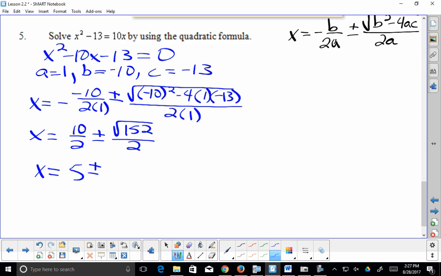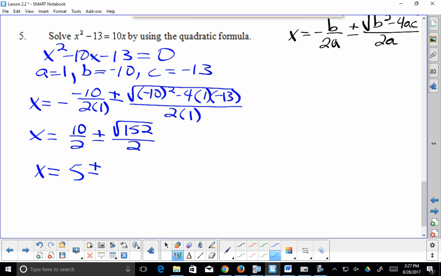and square root of 152 simplifies to what, Scott? Michael? What times 13?